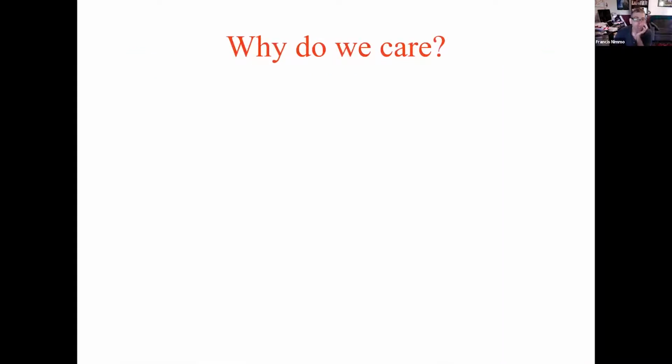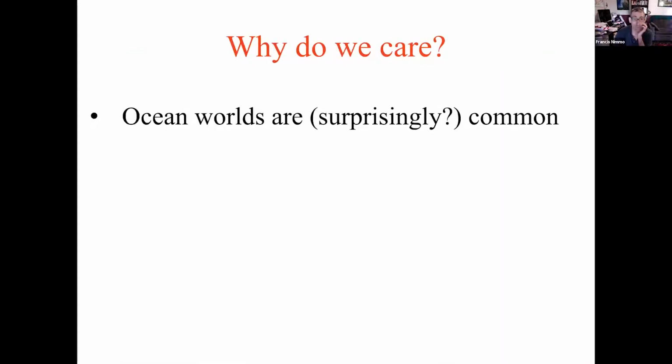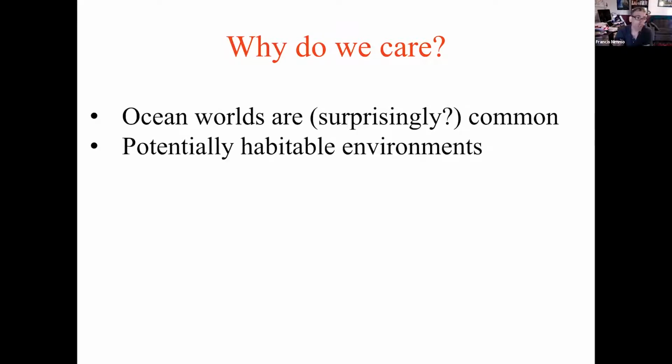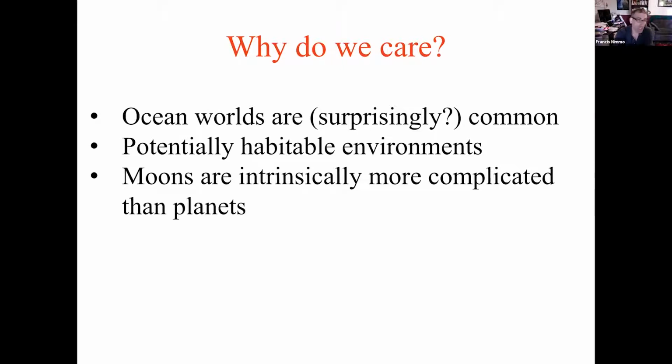So why do we care about ocean worlds? One thing is that they're actually surprisingly common. There are a whole bunch in the outer solar system, and the more places we look, the more we find. They're very interesting from an astrobiological point of view because they're regarded as potentially habitable environments. And in some ways, I'm not going to discuss this much, but moons are intrinsically more complicated than planets.